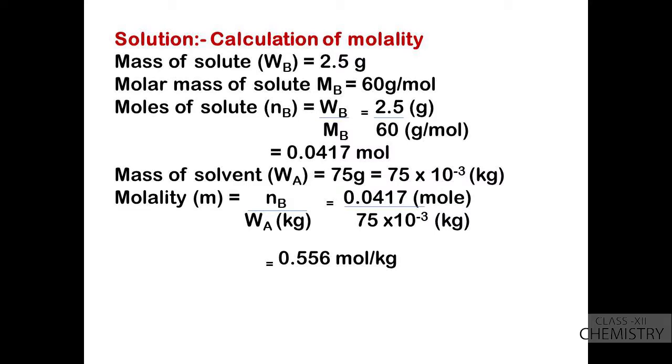The number of moles of solute is 0.0417 mole divided by the mass of the solvent in kg, 75 into 10 to the power minus 3. After solving this, we got the result 0.556 mole per kg.